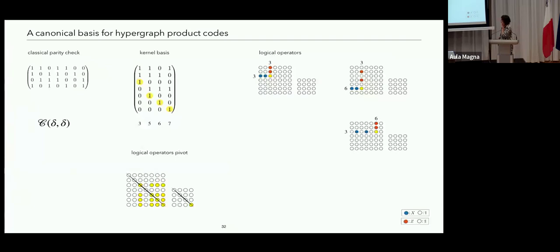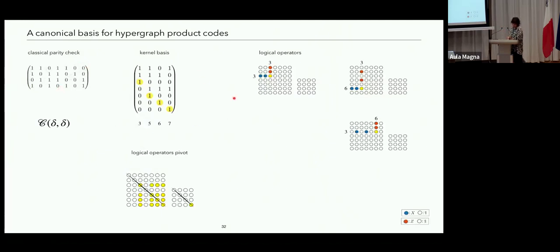just to study a bit more what the structure of a hypergraph product code is. Without going into too much detail, like I started saying, you take a parity check matrix like this, and then the logicals are described by a basis of the kernel.